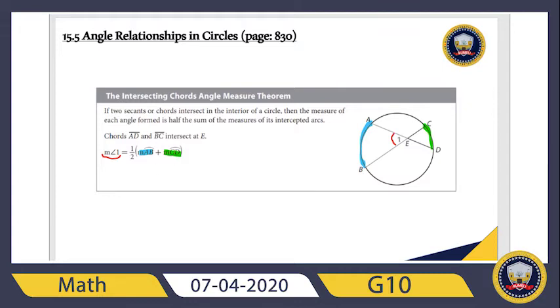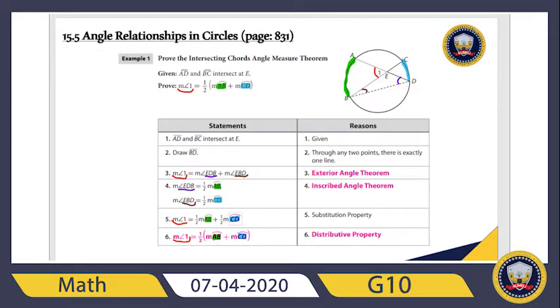Now let's go and show how we can prove this theorem. So we will start from AD and BC that are intersecting at the point E, chords, and we want to arrive at this result. So we want to prove that the angle 1 is half of AB plus CD.